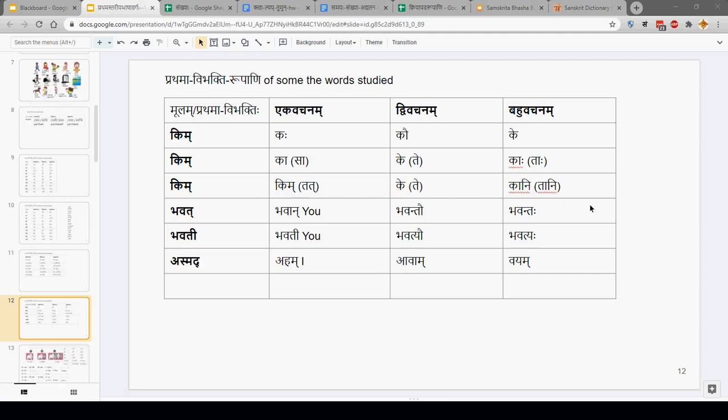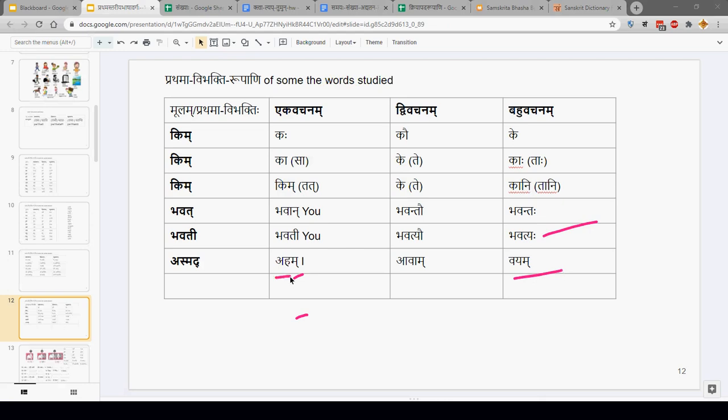The same thing: Bhavati katham asti. And plural, Bhavatyah katham asti. Same thing, asmad. Asmad is aham, I. Plural is vayam. So, Bhavan katham asti. How are you?